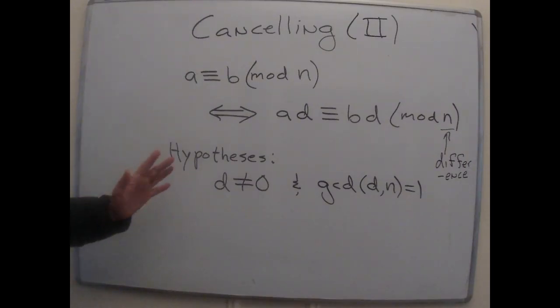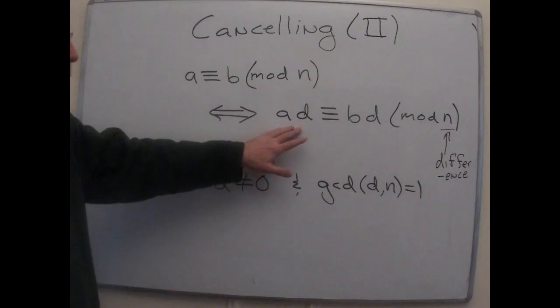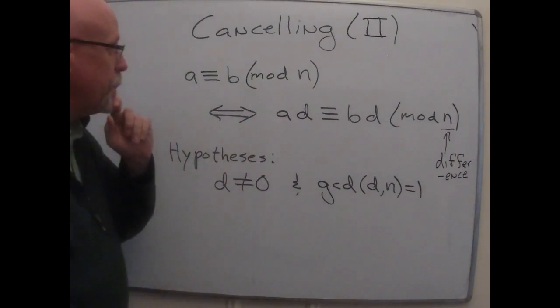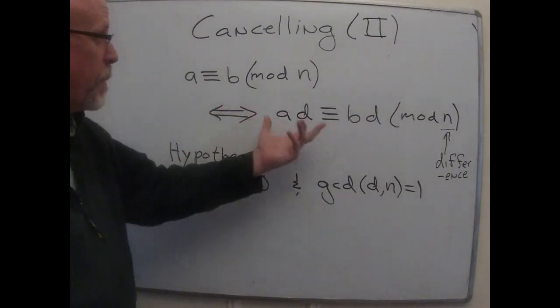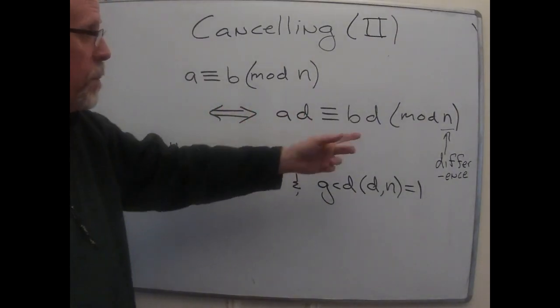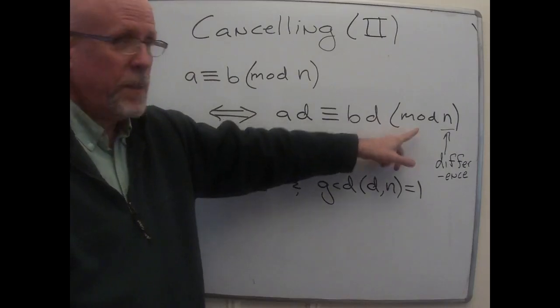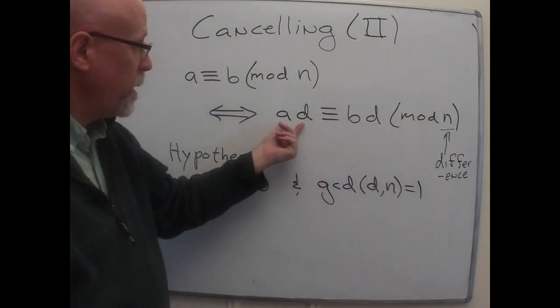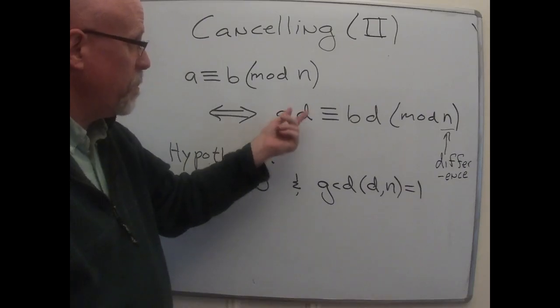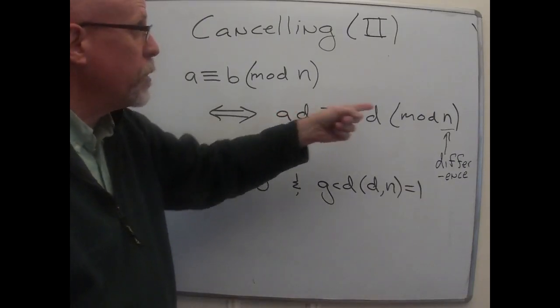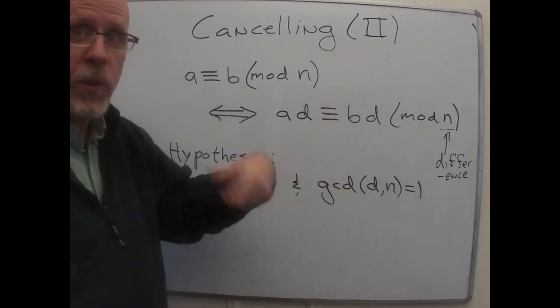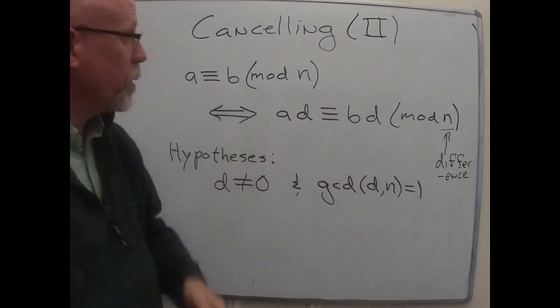If that's the case, then you can multiply by d. Multiplying by d may seem like a bad idea because it's making it bigger. But remember, we're working mod something. So sometimes you multiply something by a number and it gets bigger, but it ends up getting closer to a multiple of n, so when you do the reduction mod n, it gets smaller again.